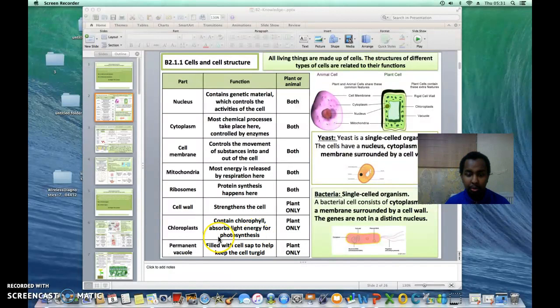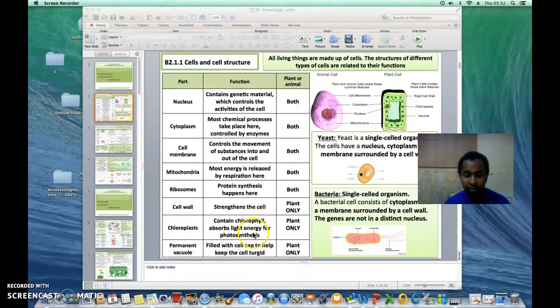Photosynthesis is the process of how the plants make food. You have photo, which is light, and synthesis, which is making. So basically, chloroplast contains chlorophyll, which absorbs sunlight and makes food for the plant during photosynthesis.